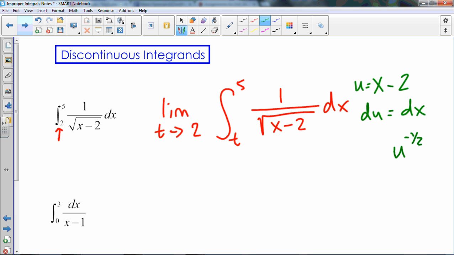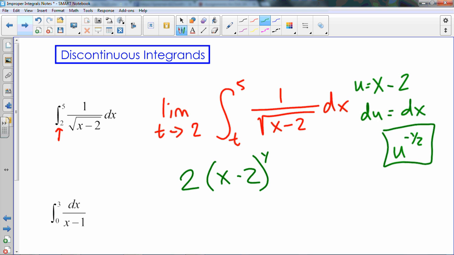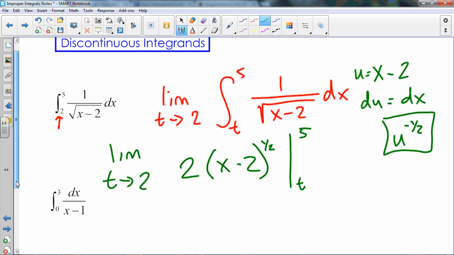I'm just going to jot that on the side because it makes it a little easier to think about. When you integrate, you add and you divide, so we end up with 2 u to the 1/2. Since our u is x minus 2, 1/2. And we're going from t to 5, and this was a limit as t approaches 2.